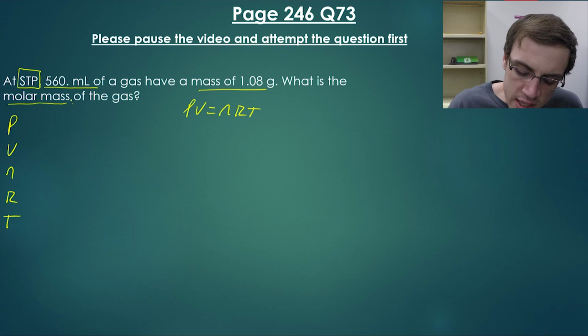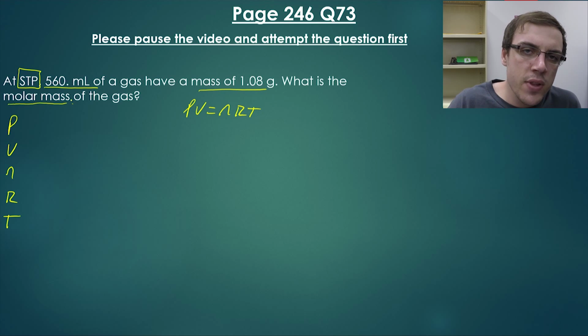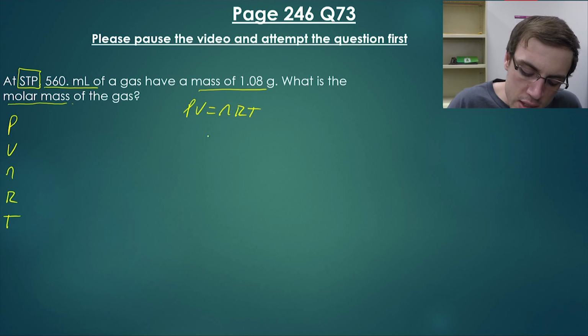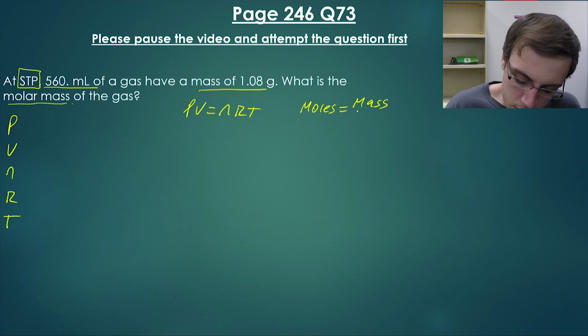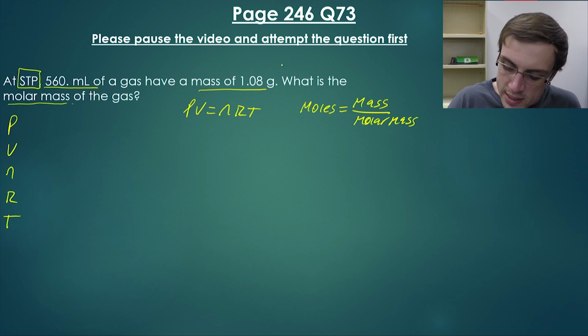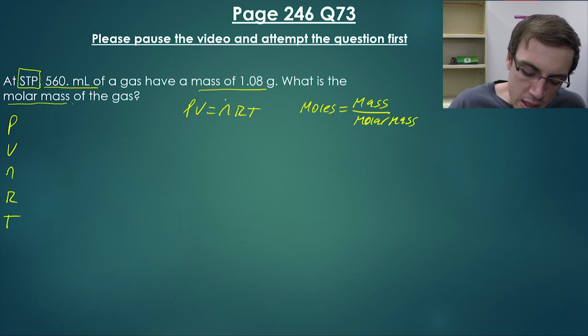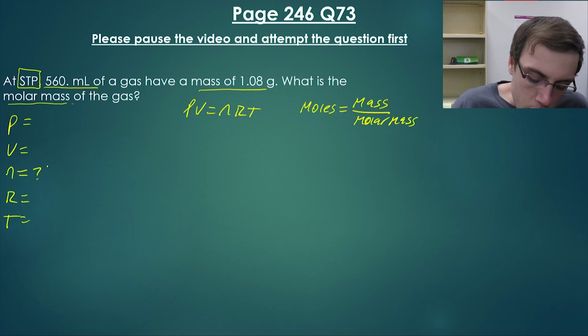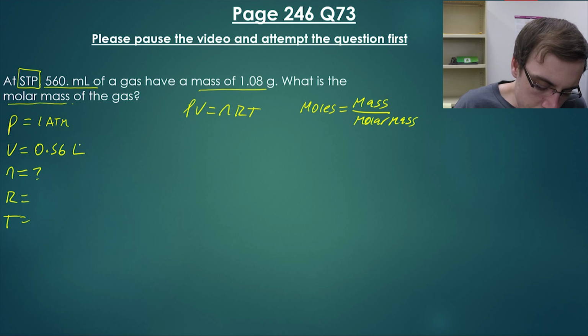So already I'm sitting here going, okay, if it's asking for the molar mass, and I know that the ideal gas law has moles, it means I'm going to have to use this formula. That tells me that moles is going to be our unknown. Our pressure is 1 atmosphere. Our volume is 0.56 liters. Constant 0.0821. And our temperature is 273 degrees Kelvin.